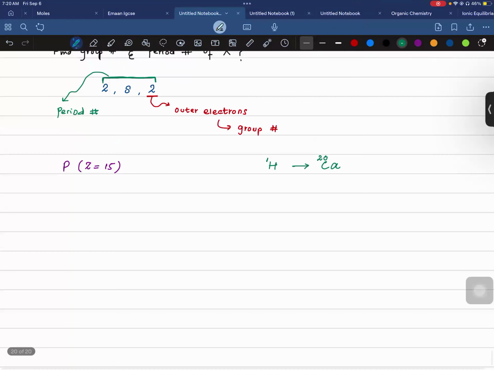Let's suppose I told you that you have to tell the group number by just looking at the last number, the outer electrons. As you told me, the configuration for phosphorus is 2, 8, 5. So the 5 is going to tell you the group number, the last number.